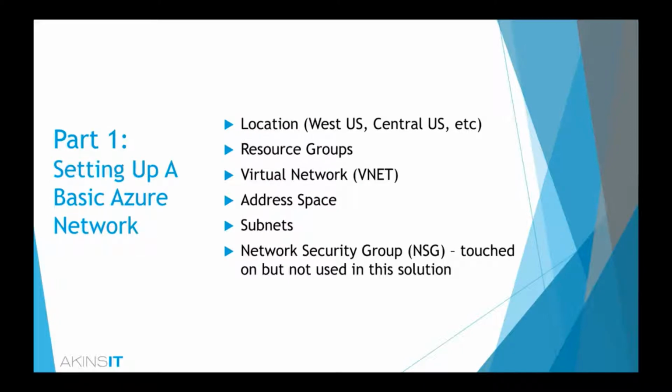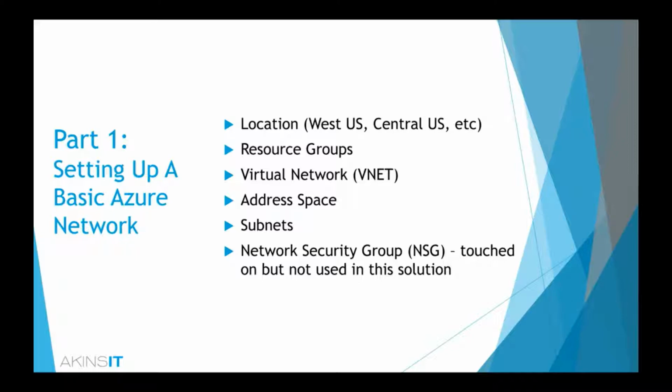So part 1, setting up a basic Azure network. Okay. This is really going to cover selecting your location, whether that be West US, Central US, because again, there are multiple regions available to you, different data centers, right? Touching on resource groups, these are logical containers for your Azure objects to actually live in, and helps you to organize that.